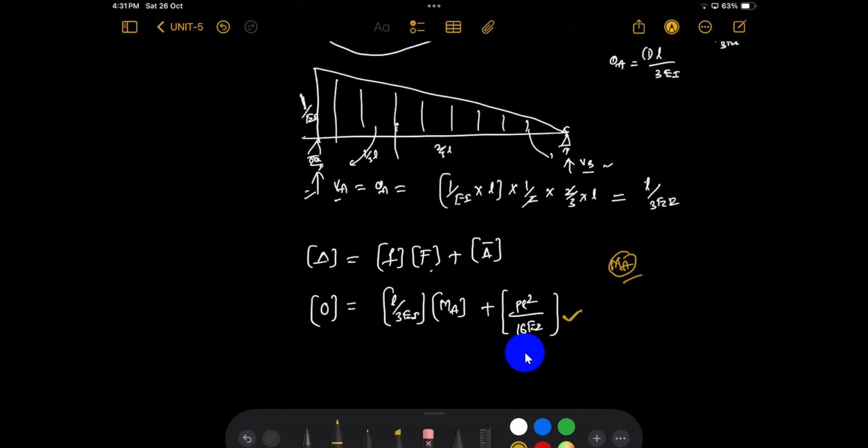But we prevent the rotation theta A at A, so that's why MA will be generated. In the direction of MA, per unit moment, this much rotation will occur. How much moment will exactly balance this rotation?